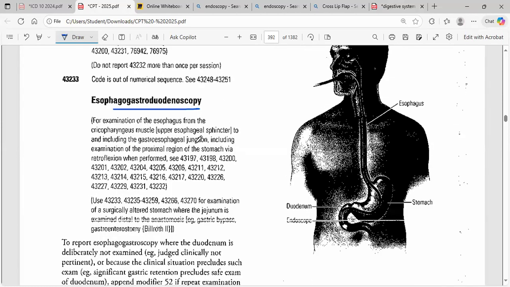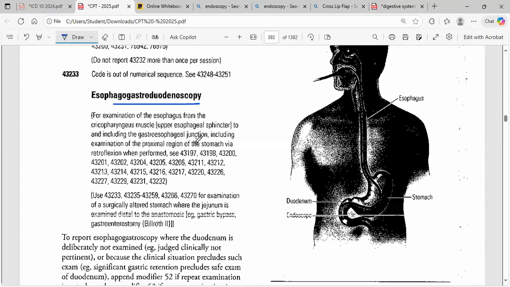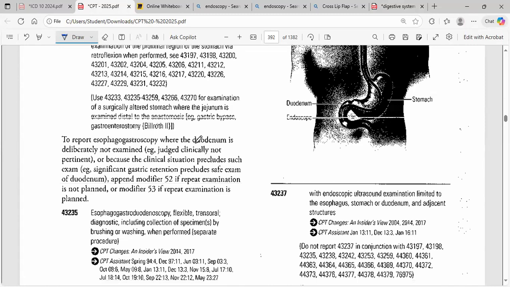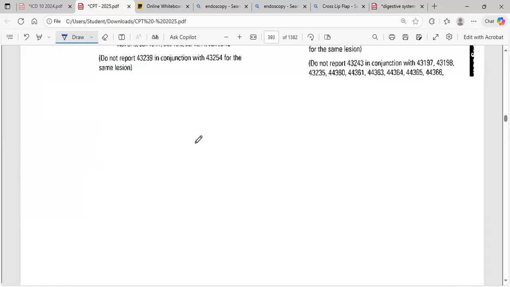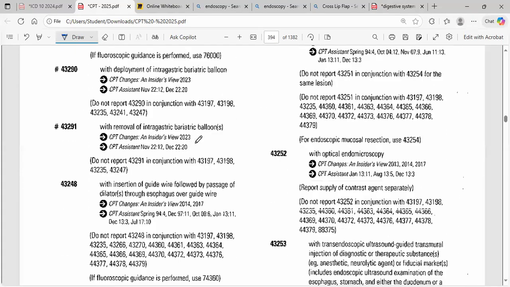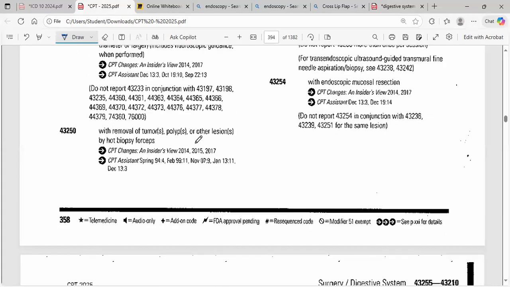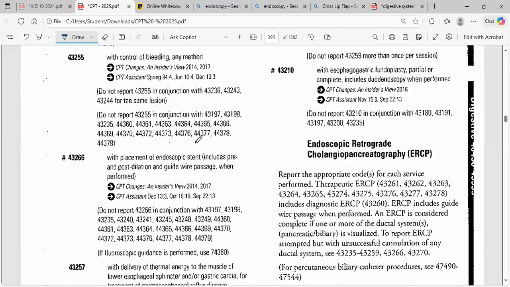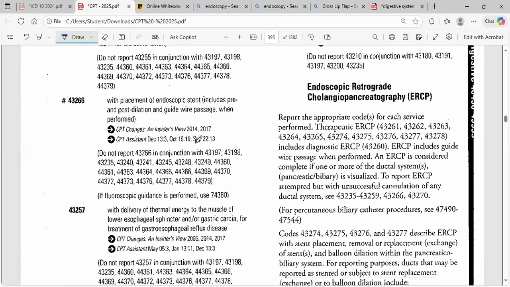That is EGD. After the EGD, we have codes for ERCP, that is endoscopic retrograde cholangiopancreatography.